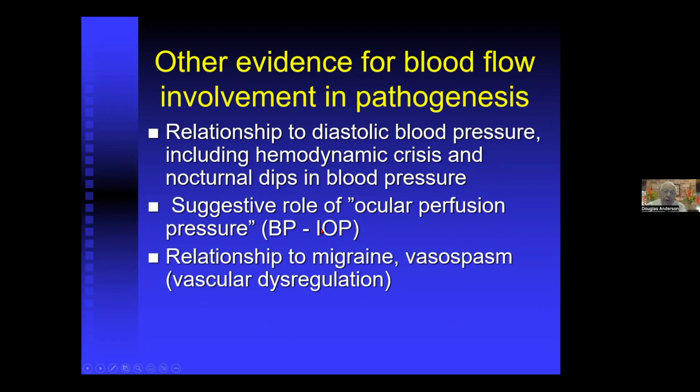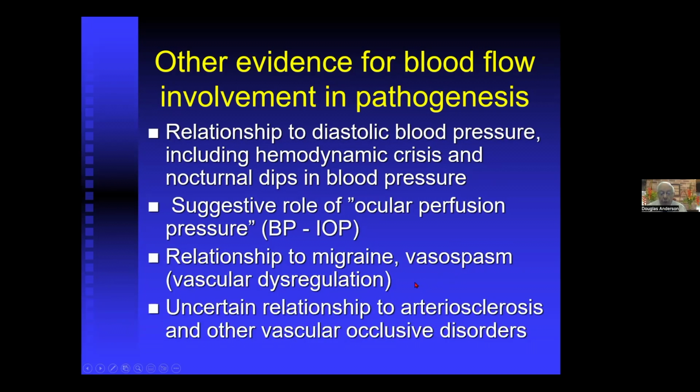Another evidence for blood flow involvement is that migraine and vasospasm and vascular dysregulation and other vascular problems are related, and we'll see some things about that. There is an uncertain relationship with arteriosclerosis. Now, that's in the larger vessels of the eye.